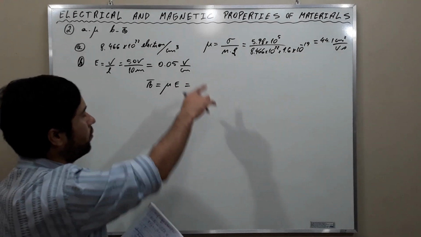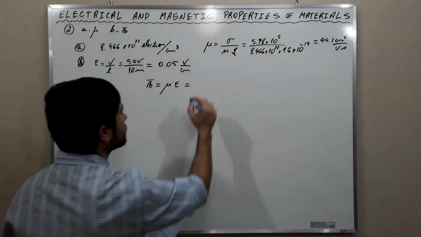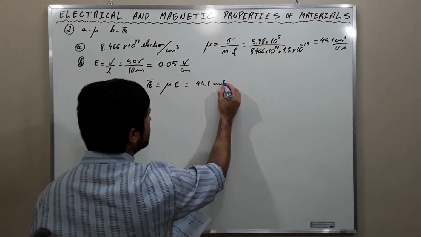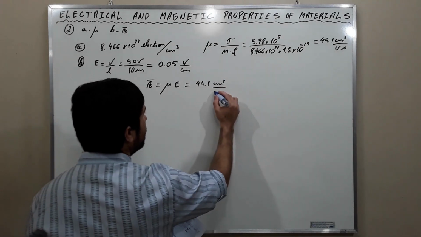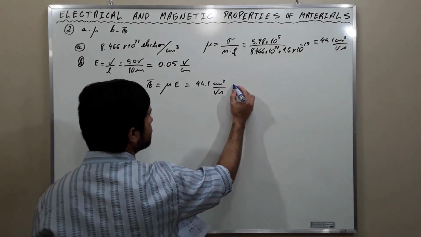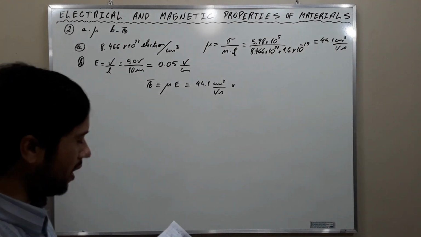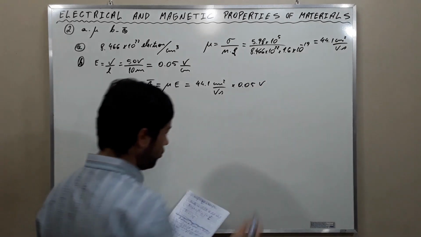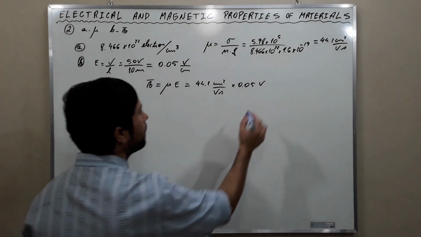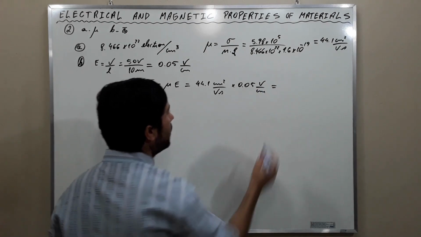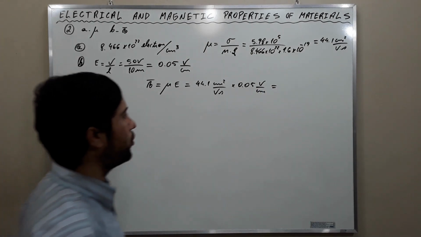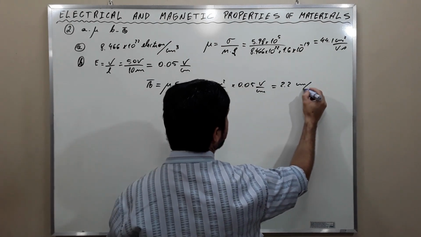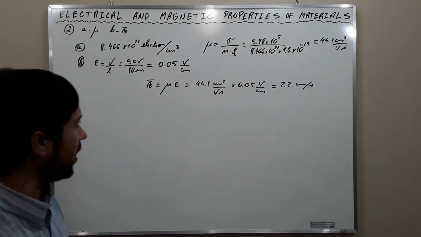With our data, it is 44.1 square centimeters per volt second times 0.05 volts per centimeter, and this is equal to 2.2 centimeters per second.